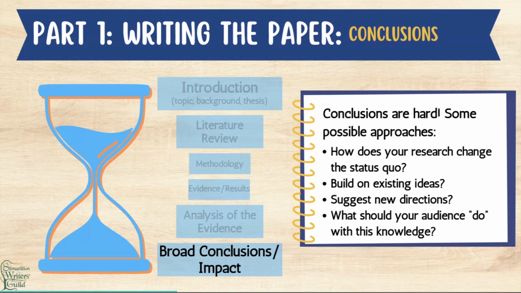What new directions are suggested from your work? What questions were raised that you didn't get a chance to answer or that you're in the process of answering? You can talk about new directions. And then what should your audience do with this knowledge? And by this, I don't mean that you're pitching them to go out and buy a book or anything like that, but just how should they view or read the text differently based on what you've learned and what you're presenting.